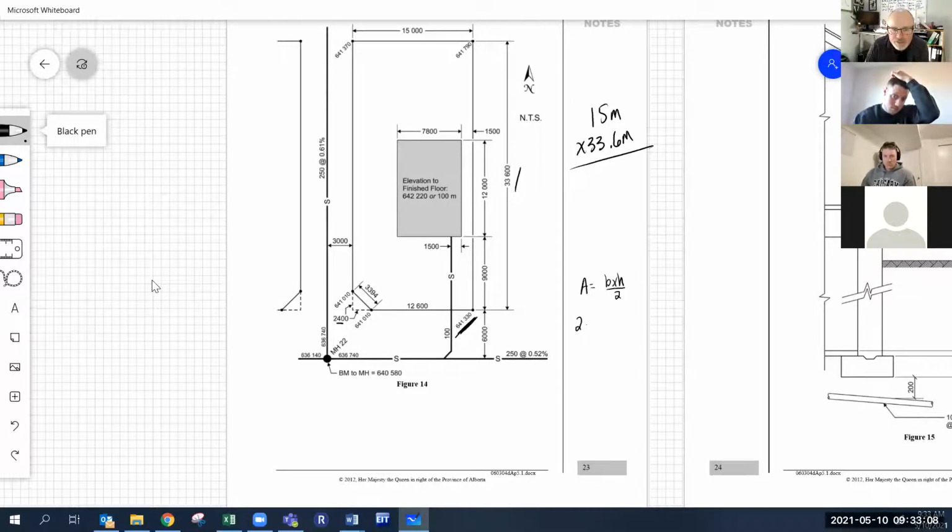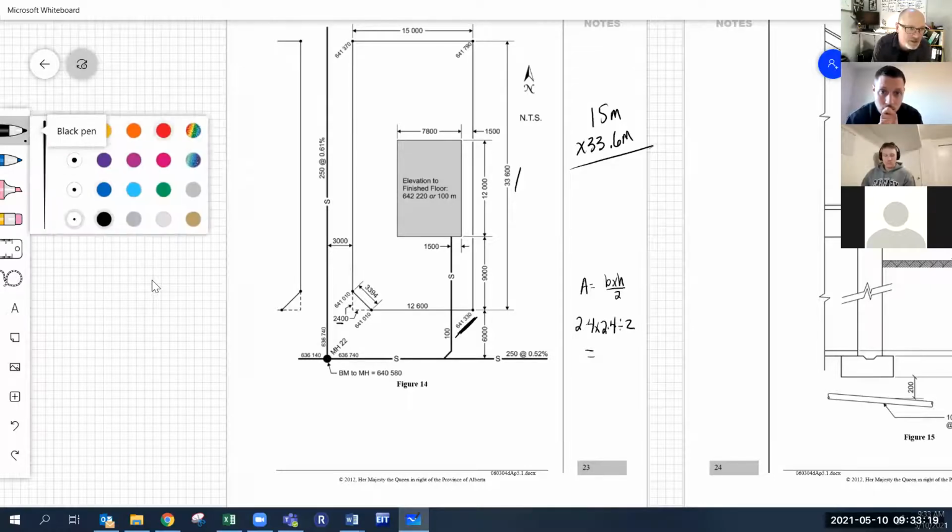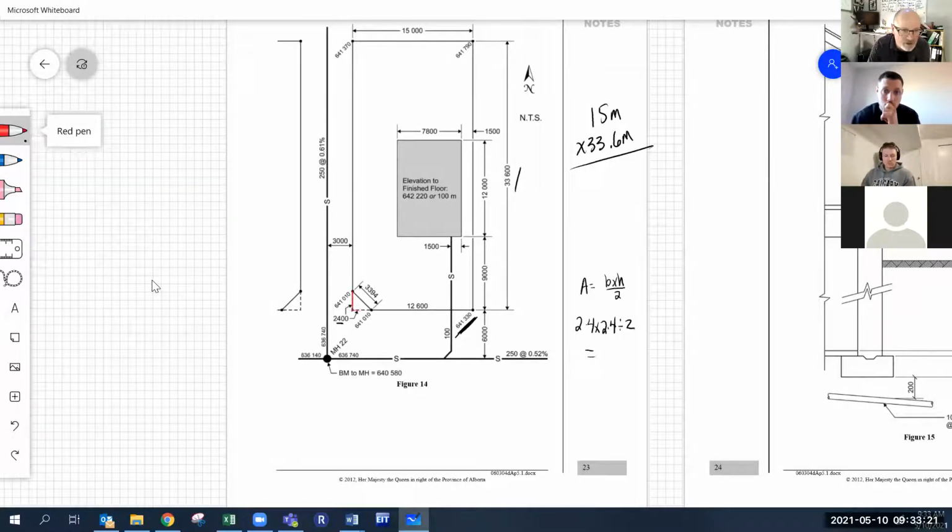So that's going to be 2.4 times 2.4 divided by 2, which is equal to the area of this little corner right here. This little corner has an area of 2.88 meters squared.